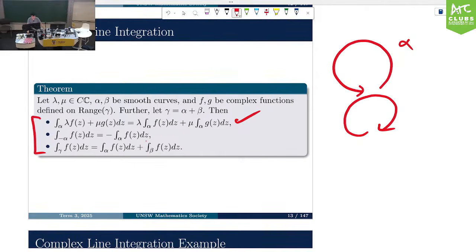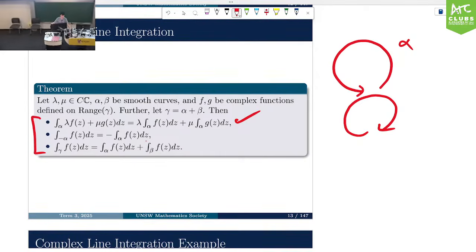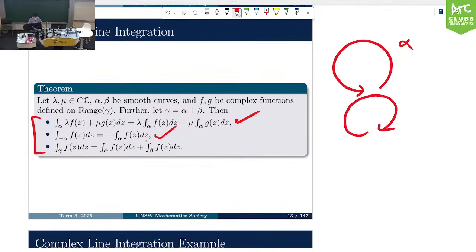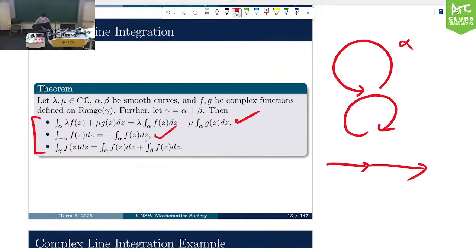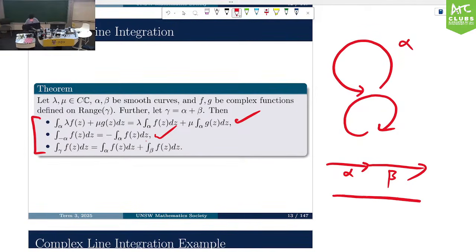All we have to do is multiply our previous answer by -1. And if gamma is the union of two curves, for example this is alpha, this is beta, and gamma is the sum or union of them, then to integrate over gamma, we can just sum the integral over alpha and over beta.